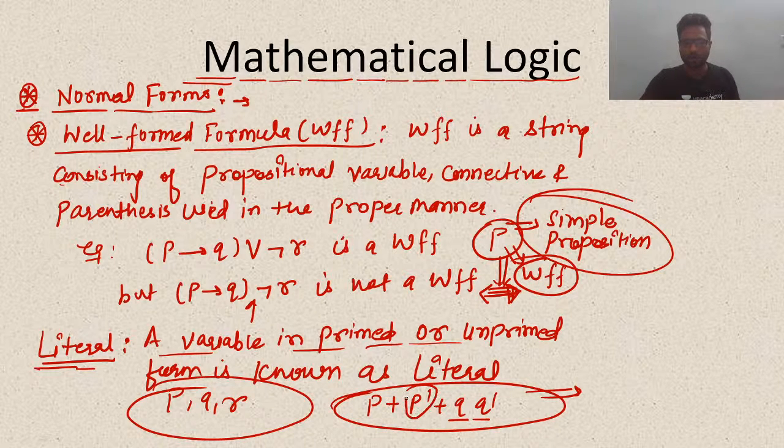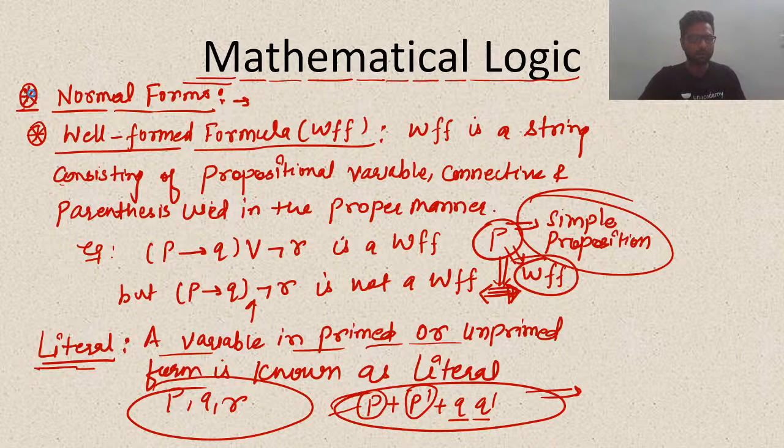Primed means in complementary format, and a variable without complement is known as an unprimed variable. Tell me, is this clear to everyone or not?